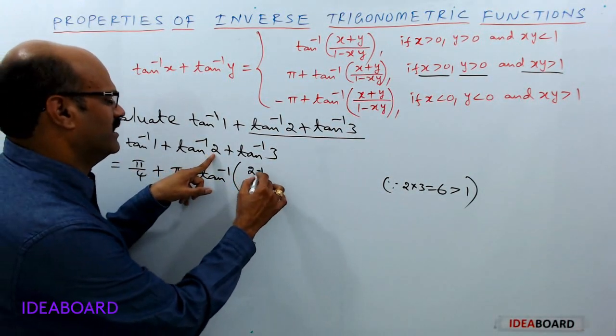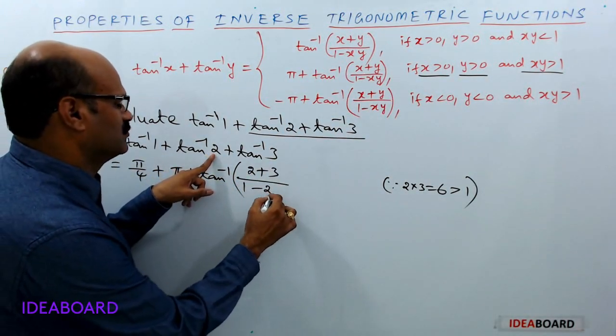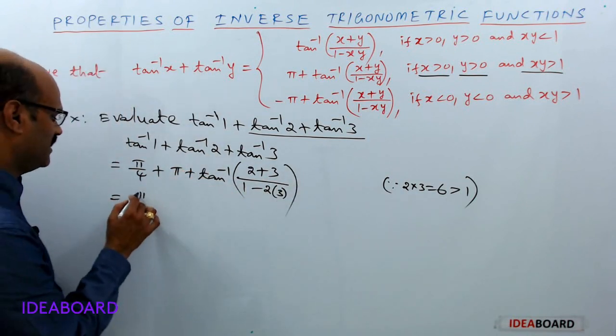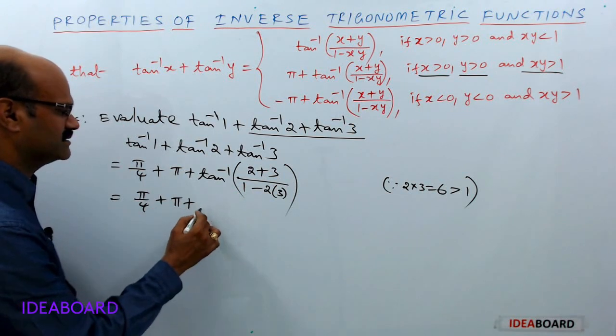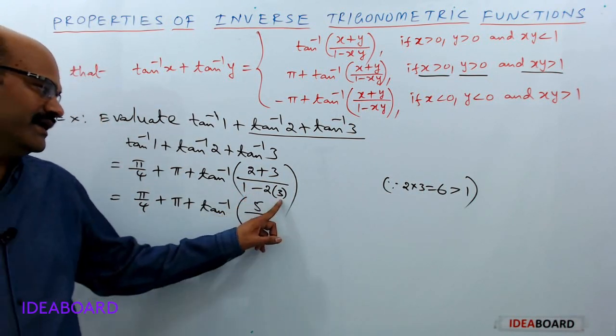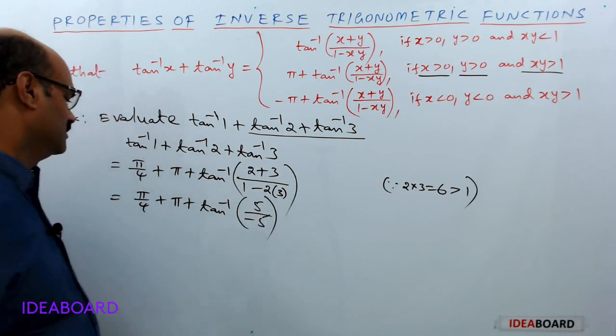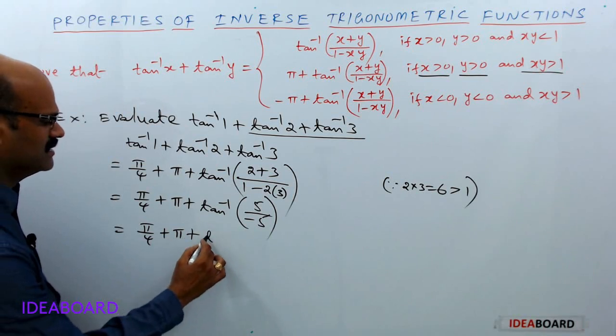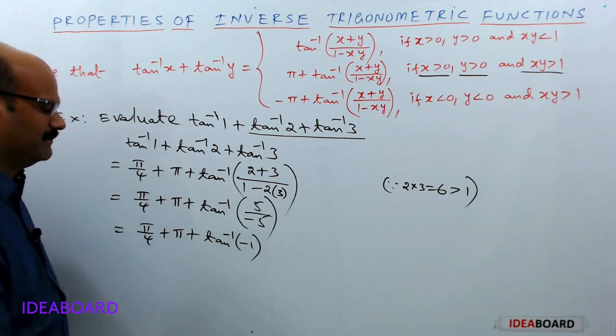So 2 plus 3 by 1 minus 2 into 3, equal to pi by 4 plus pi plus tan inverse of 5 by 1 minus 6, which is pi by 4 plus pi plus tan inverse of minus 1.